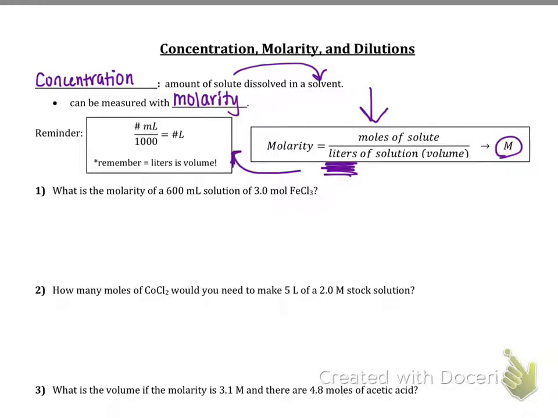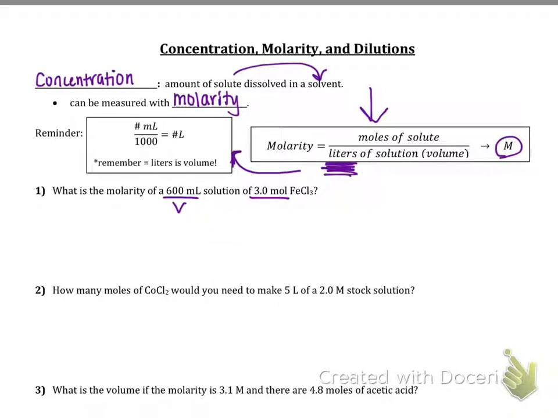Okay, so let's do some problems together. Problem number 1: what is the molarity of a 600 milliliter solution of 3 moles of iron chloride? Here we see 600 milliliters, this is a volume, and then moles of solute.